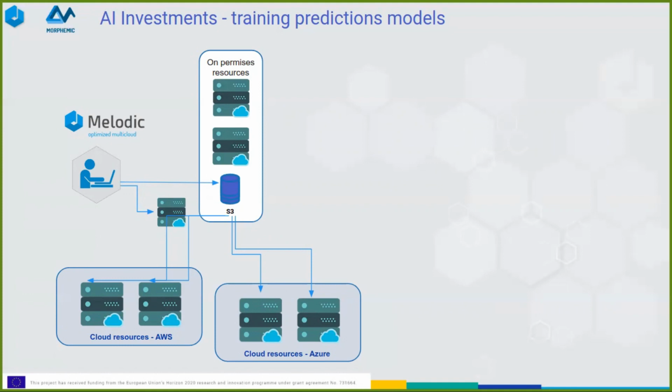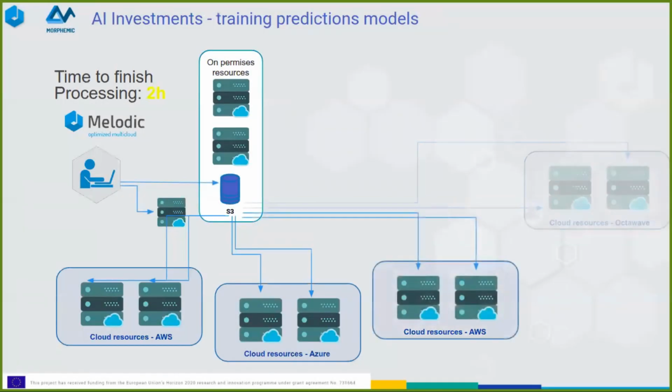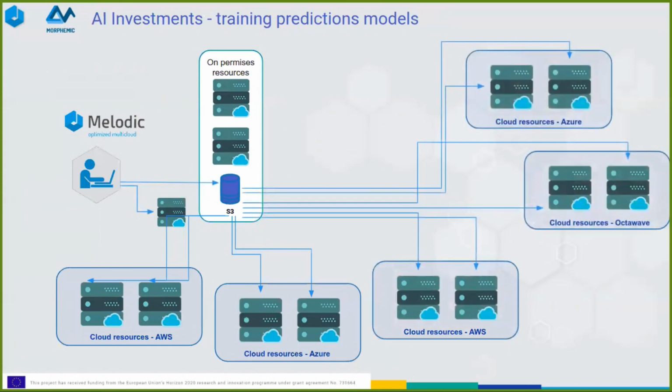So Melodic automatically, based on the current values of the metrics, looks for more resources, provisions them in the cloud, and deploys the application there. And again, it checks the estimated time.